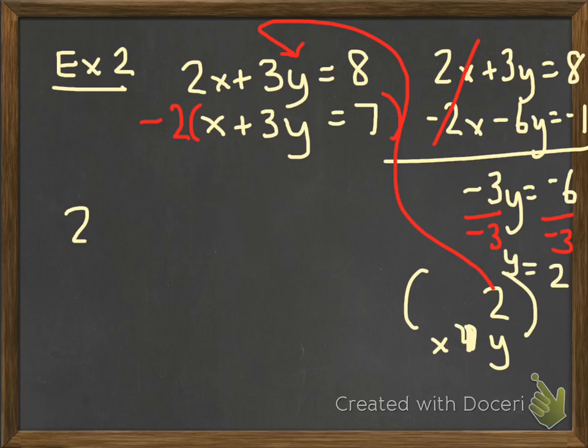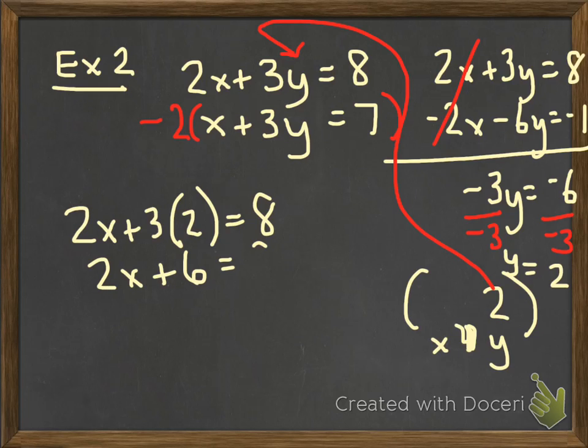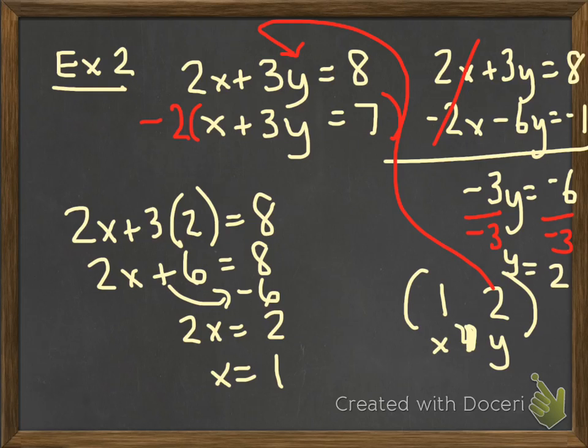So now we have 2x plus 3 times 2 equals 8. 2x plus 6 equals 8. Subtract 6. 2x equals 2. Divide by 2, x equals 1. So the point of intersection for these two lines is at 1, 2. It's also known as the solution.